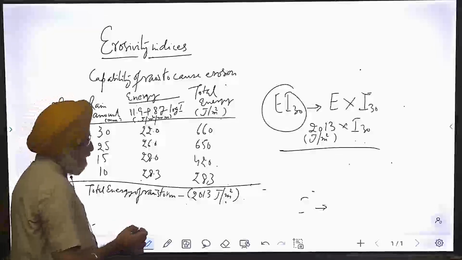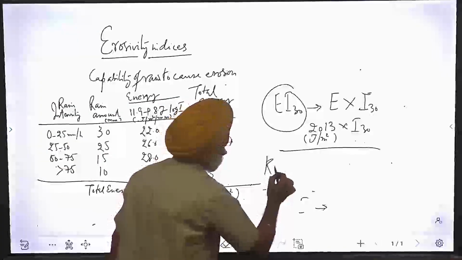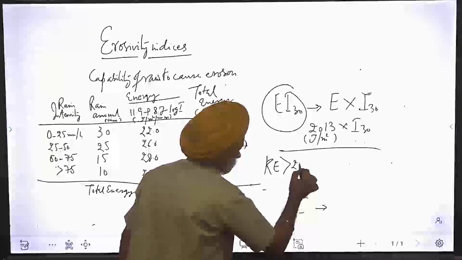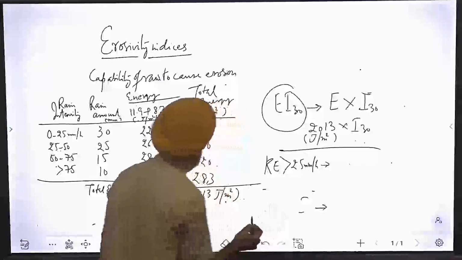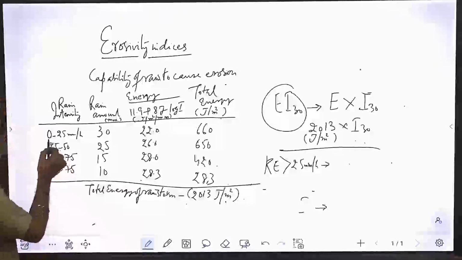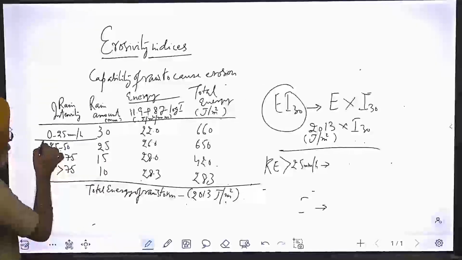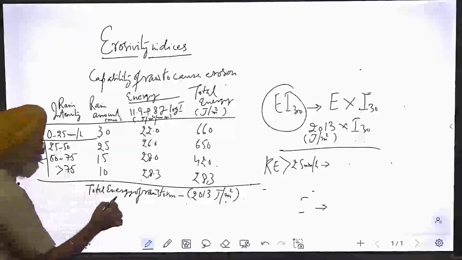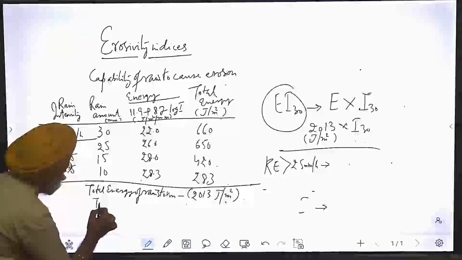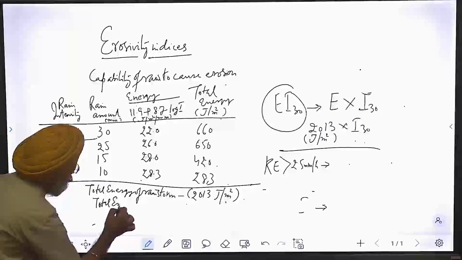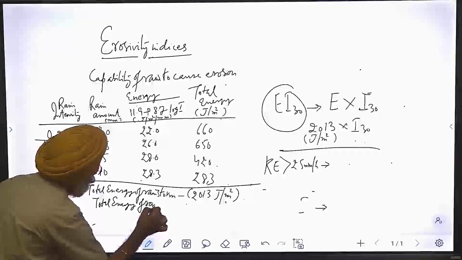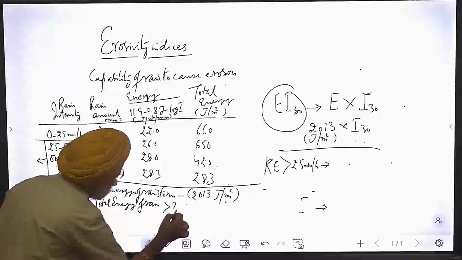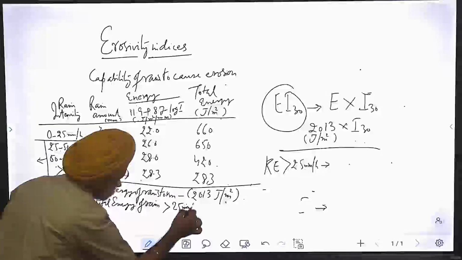Then coming to the second index, that is kinetic energy greater than 25 millimeter per hour. For this index, you simply ignore the first class and add up the total energy of rain with more than 25 millimeter per hour.